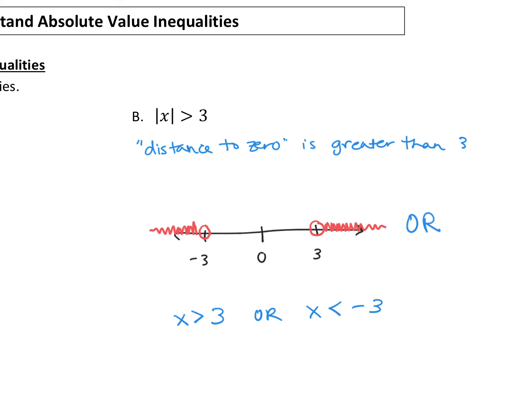That's this side over here. So again, we flip the inequality and we change the sign. This up here, absolute value of x is greater than 3, is the same thing as that. We just rewrote it as a compound inequality and we can solve for x. Now x is already alone, so there's no solving to do, so we're set. But that's why we're able to write that as a compound inequality.